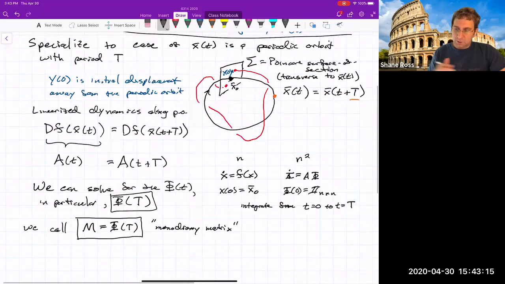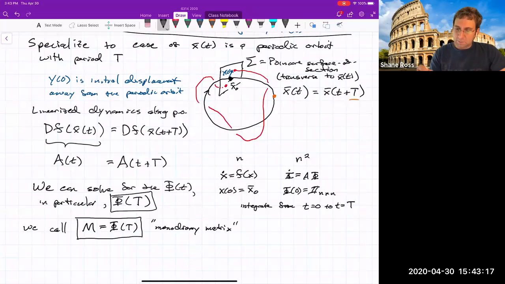And so what does that mean? All right, so over here, this initial picture of, here's this initial vector. Well, if we start with an initial point that's near the periodic orbit, close enough, then it'll end up going to here, which is y after capital T, and that's just going to be M times the initial displacement vector.